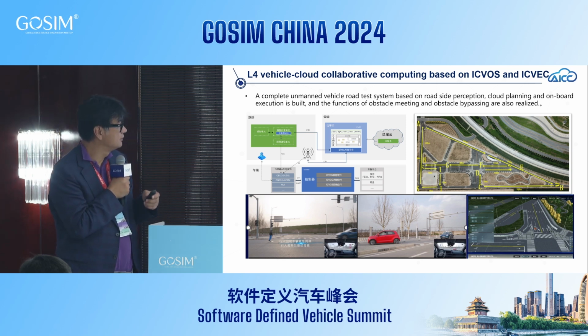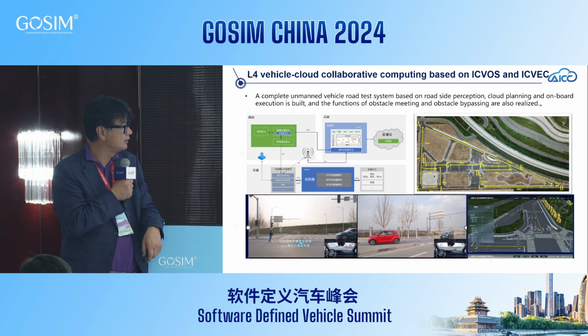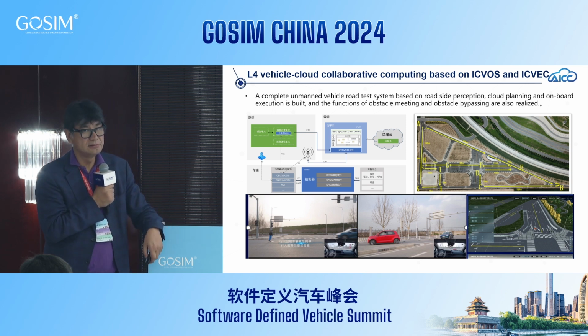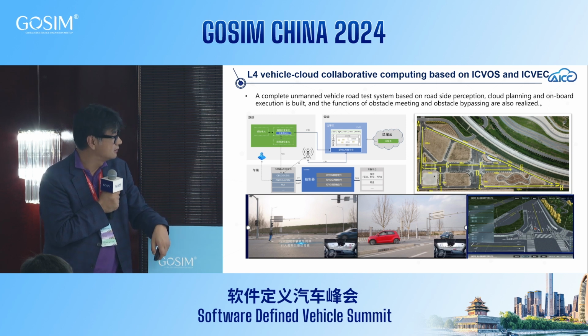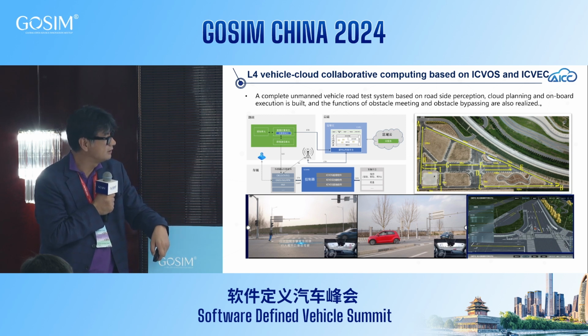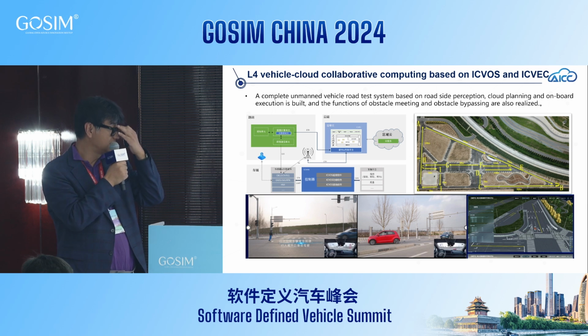But the purpose is we try to make self-driving cars for the low end. So the planning and perception happen on the edge side, but it's the same code running on the high-end side. We try to make this code run on the edge side to work with the low end.